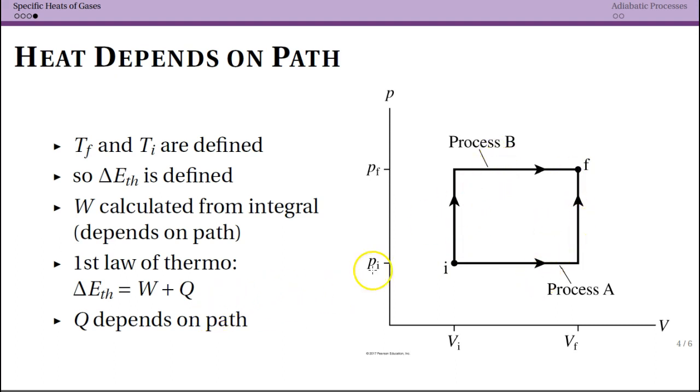So Q depends on path, work depends on path, change in thermal energy depends on work plus Q, and change in thermal energy depends only on initial and final temperatures. So again, we're bringing a lot of ideas together. It's not circular, it's just self-consistent, and you can get to the same ideas in a lot of different ways. We can talk about ideal gas processes and PV diagrams.